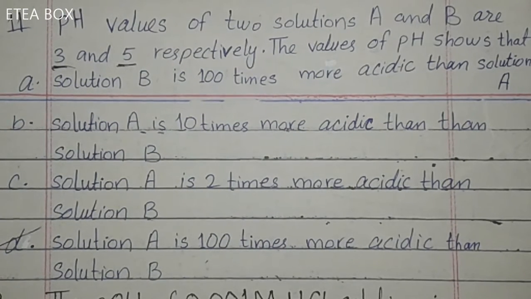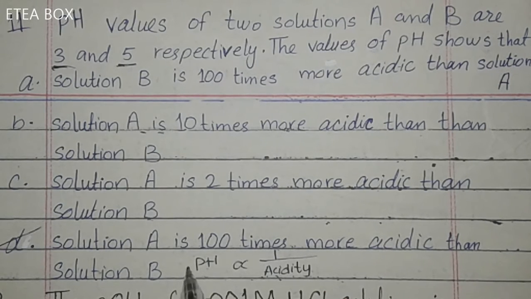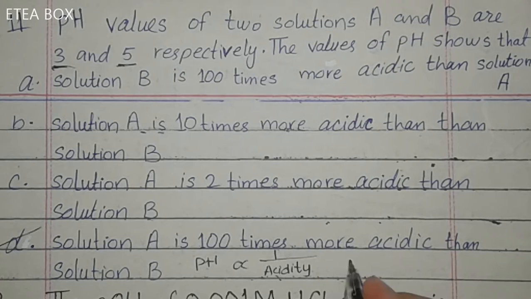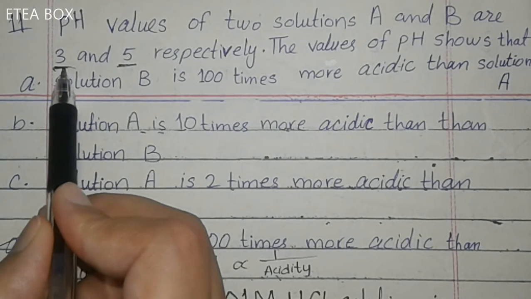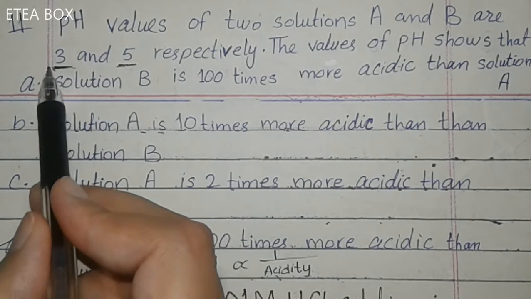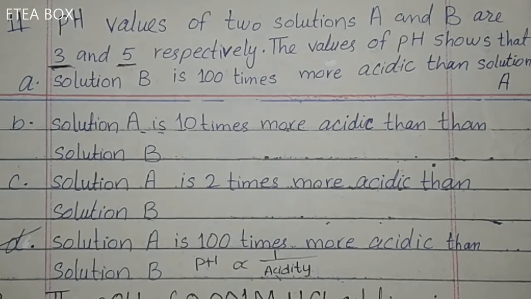Or you can also find it like this. We know that pH is inversely proportional to acidity. When the acid is strong, its pH is lower. Like we have two acids having pH 5 and 3; the solution with pH 3 is more acidic as compared to the other one. So when the acidity increases, the pH decreases.